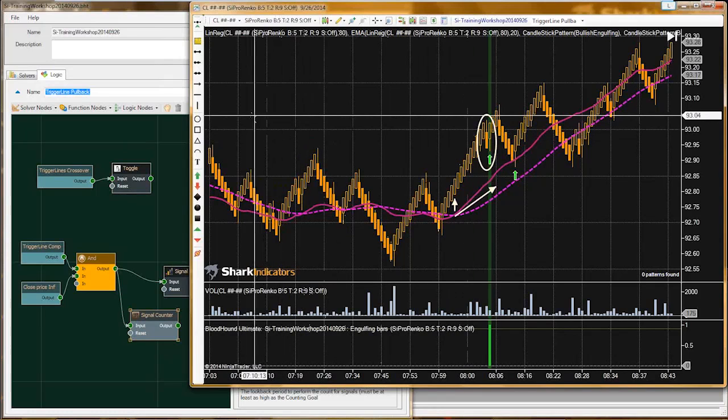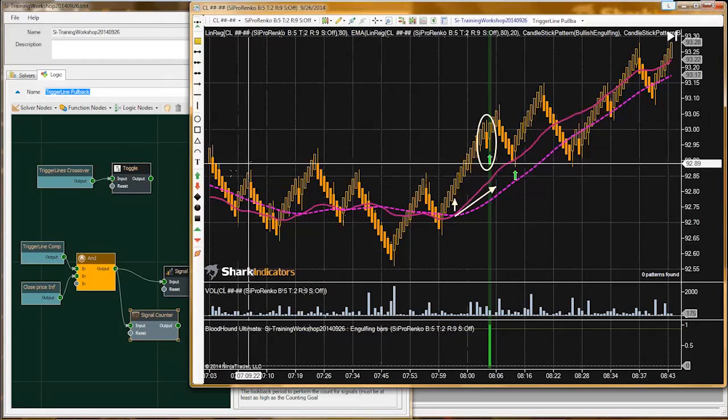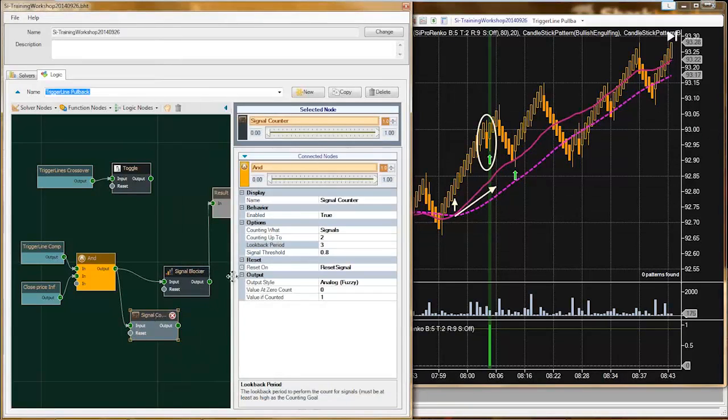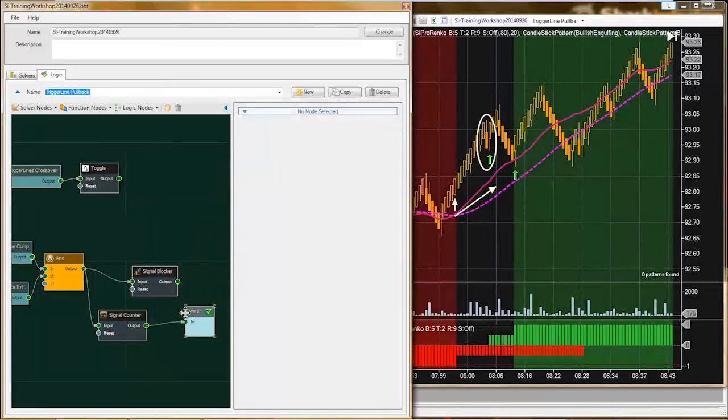You don't want to look back indefinitely, because then you're always going to find at least 2 conditions if you look back through the whole history of the chart. So we have to set some kind of limitation. How about if I just set 50 bars? I'll just start with 50 bars. That's probably good enough.